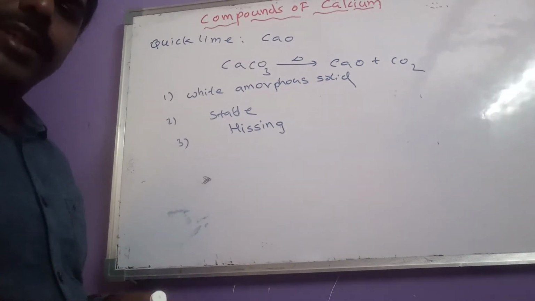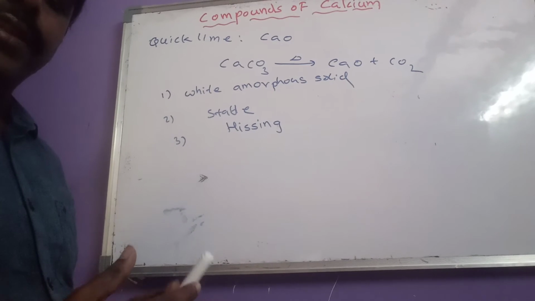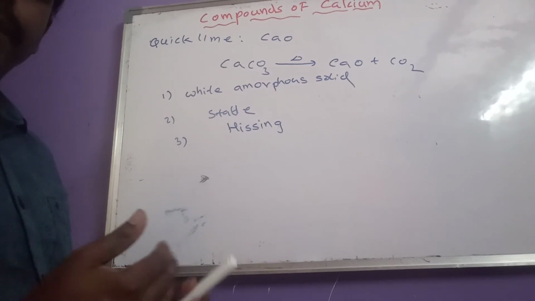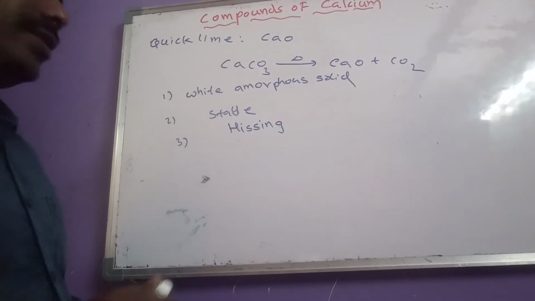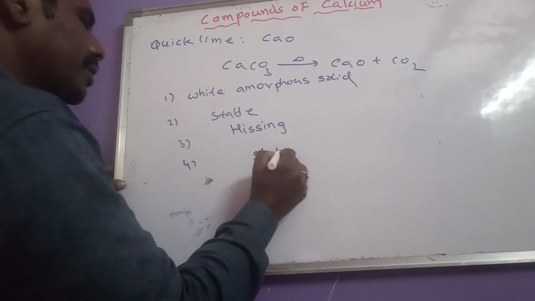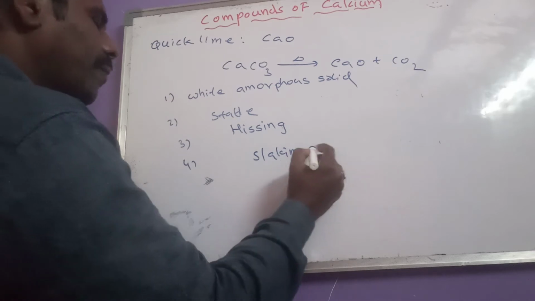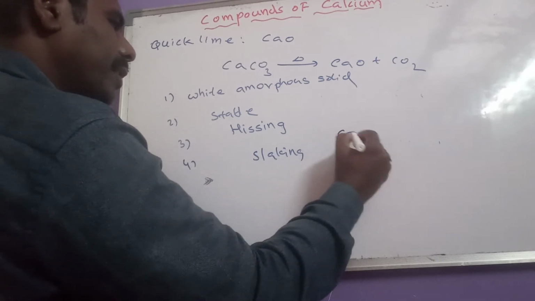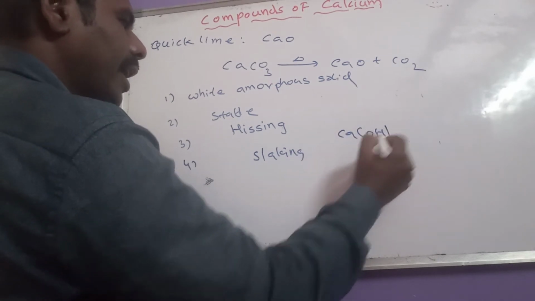When CaO dissolves in water, it does so with a hissing sound and with liberation of some heat energy. This process is called the slaking process, and the compound formed is slaked lime.